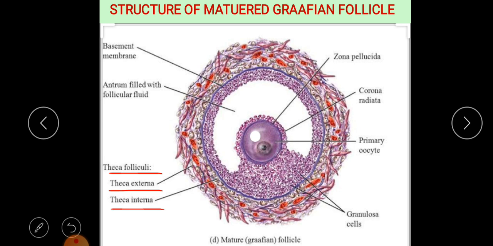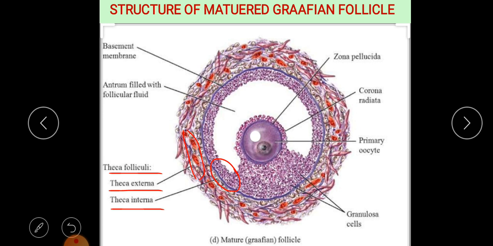The theca externa contains connective tissue and fibers. And the theca interna is very vascular and glandular in nature. The theca interna is very vascular in structure and also glandular in its cells.